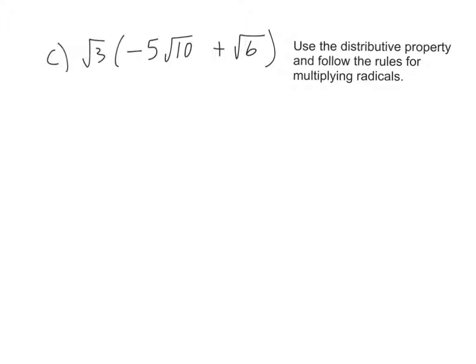When you have one like this, where you have a monomial multiplied by a binomial, you have to use the distributive property. So we're going to do root 3 times negative 5 root 10, which is negative 5 root 30. And then root 3 times root 6, which is root 18.